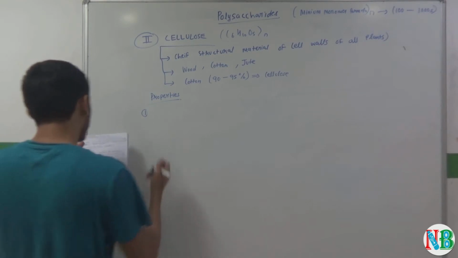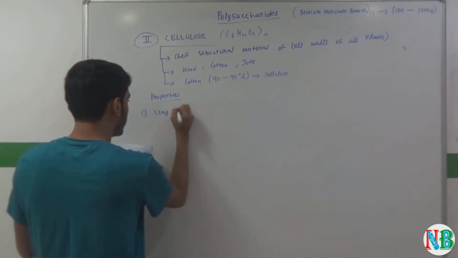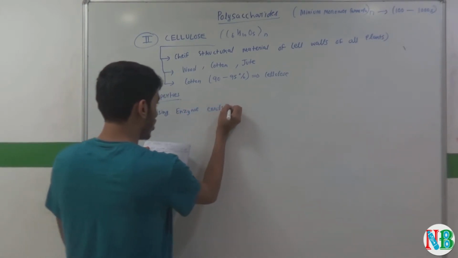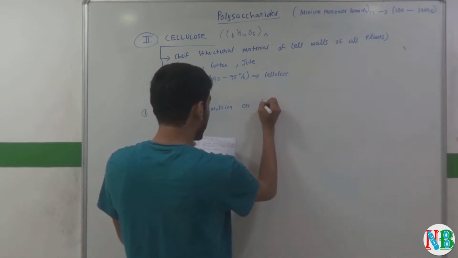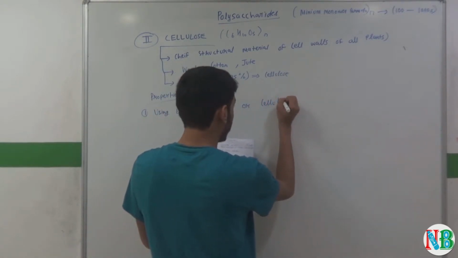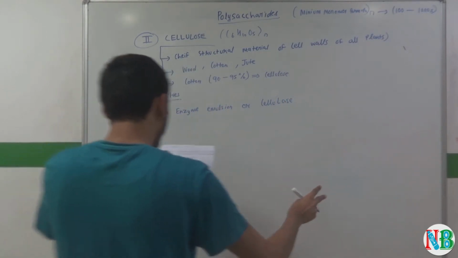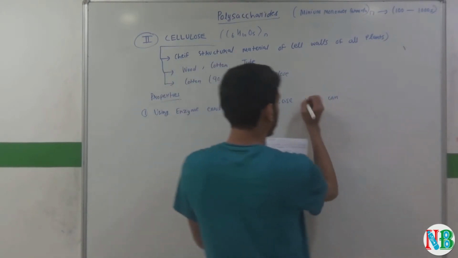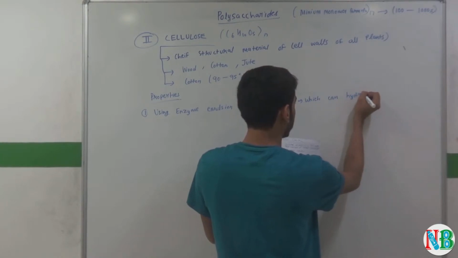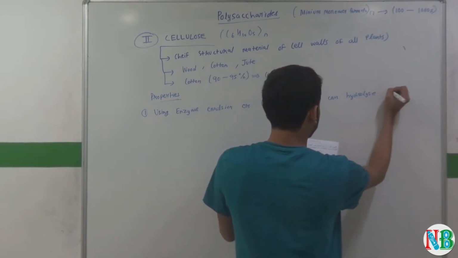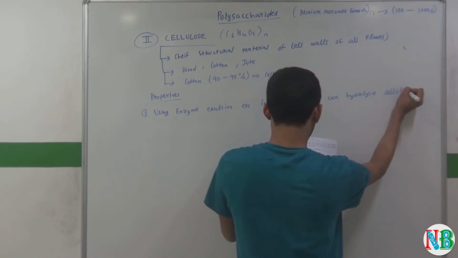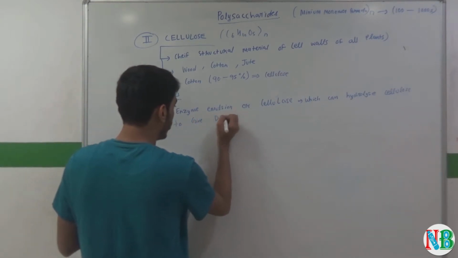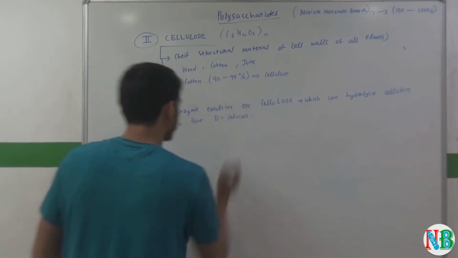So on hydrolysis, using the enzyme emulsin or using the enzyme cellulase, these two are enzymes which can hydrolyze cellulose to give D-glucose.